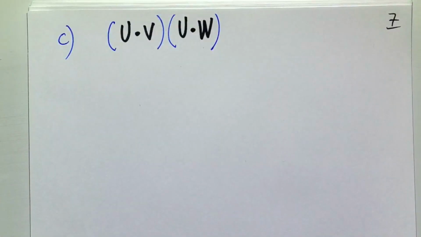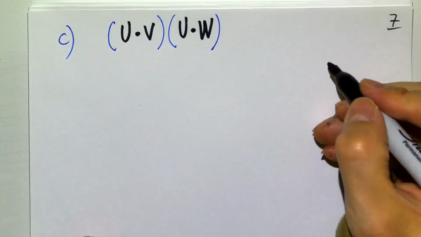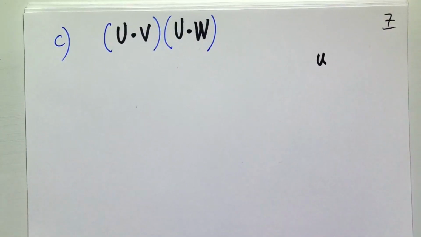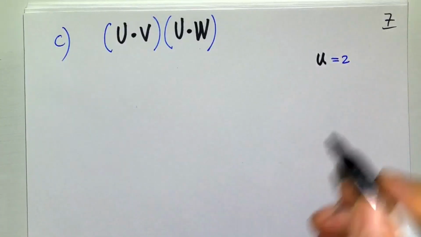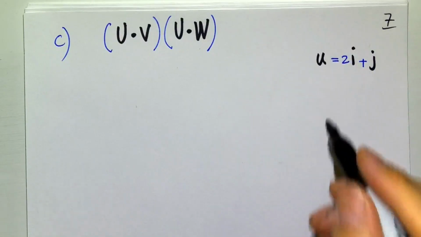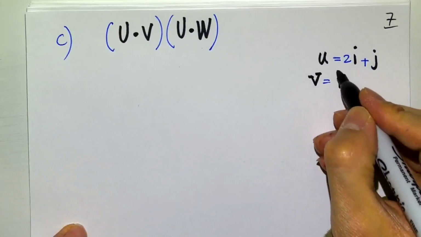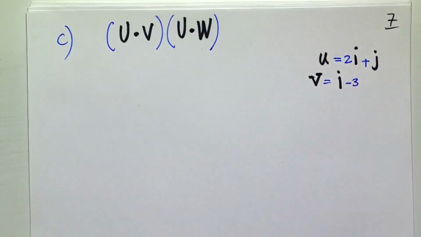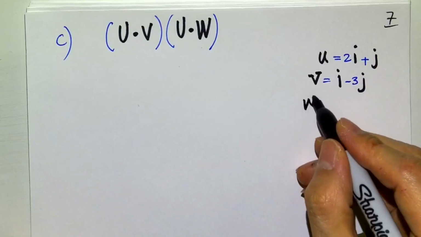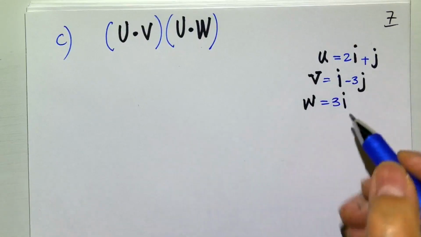Okay, and the vectors were as follows. Let me write them on this side: u equals 2i plus j, and v, vector v, equals i minus 3j, and w equals 3i plus 4j.